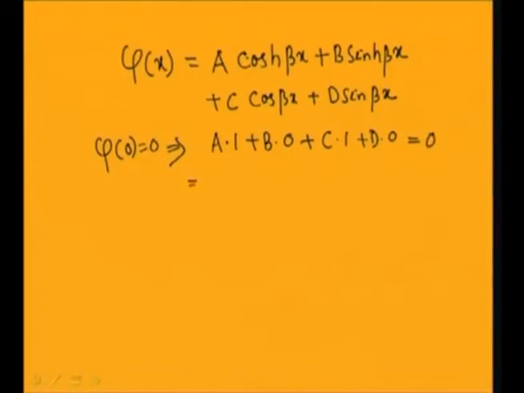So, this gives rise to A plus C equal to 0, or A equal to minus C. Similarly, by taking the slope equal to 0, that is del psi by del x equal to 0.